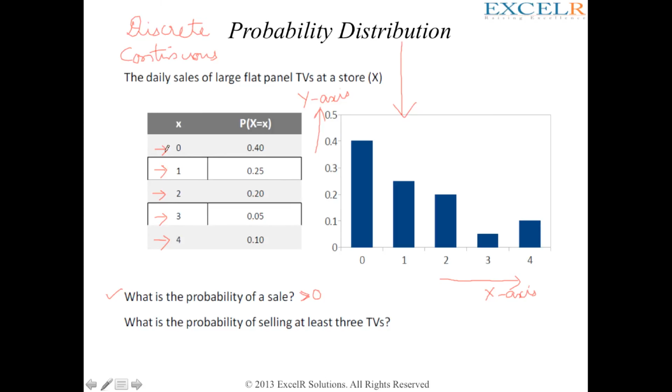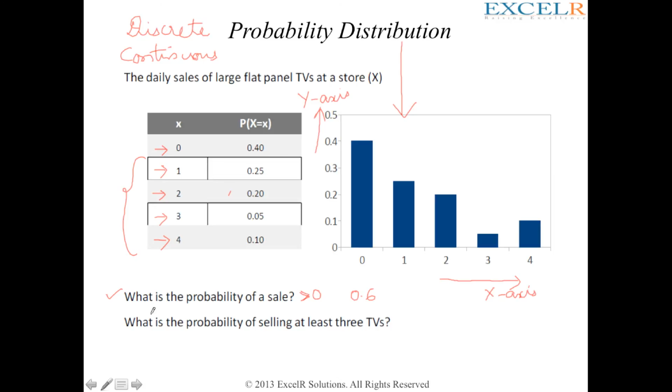Given this table as a reference, 1, 2, 3, or 4. These are the possible events wherein you have a probability of sale. And since the probability values are already here, we just need to add all of these numbers. And if I add all of these numbers, the total would be 0.6.